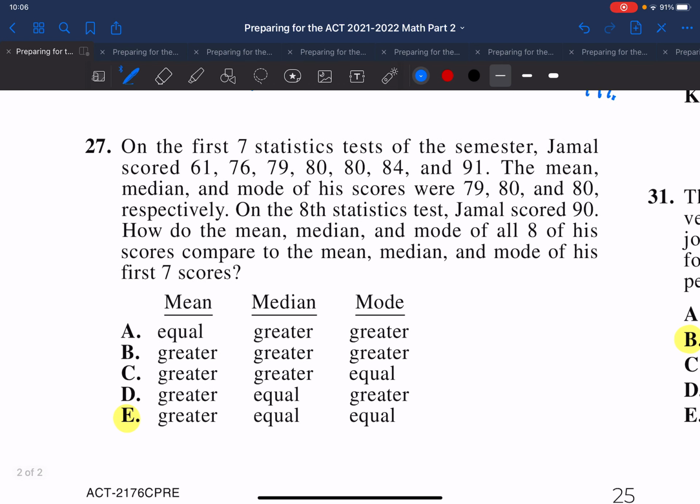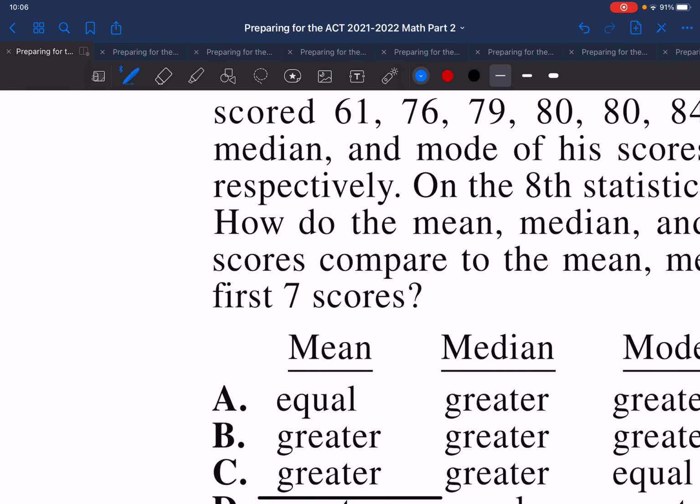27. On the first 7 stats tests, Jamal scored 61, 76, 79, 80, 80, 84, and 91. The mean, median, and mode were 79, 80, and 80 respectively. All right, so let's take a second and remind ourselves. Mean equals average, and if you look in the instructions, they'll make mention of that.